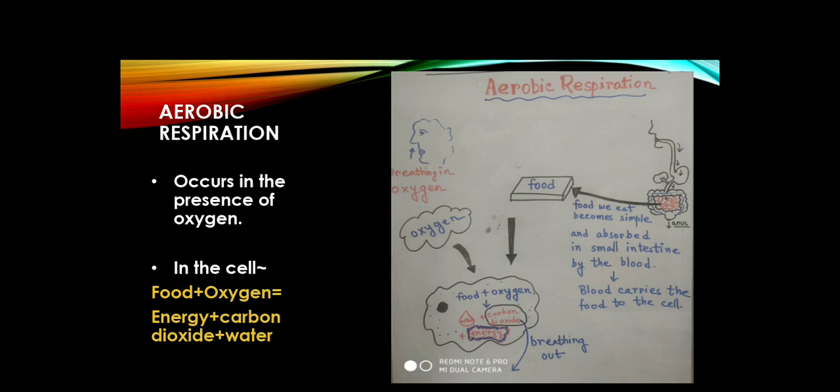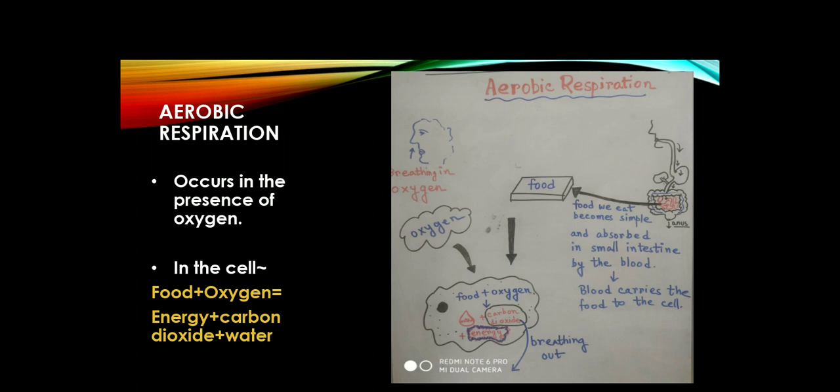In the picture you can see that we are breathing in oxygen. Now what will happen? We are taking the food. The food will become very simple and it is absorbed in the small intestine by the blood.